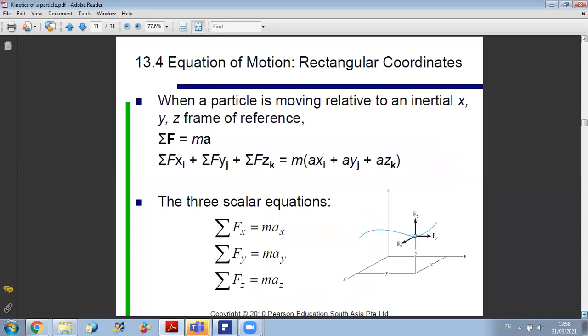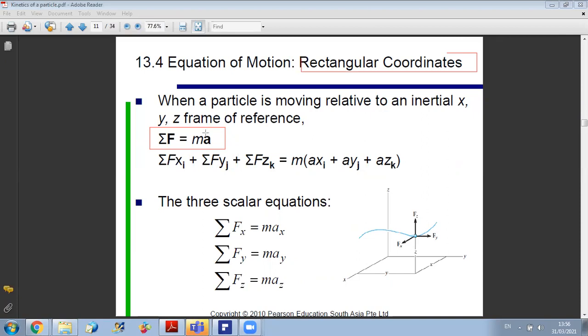Now, as I said before, Newton's law is a vectorial relation and can be decomposed into components. It depends on which system I am working in. The easiest system to start with is the rectangular coordinates, which we have seen in the previous chapter, so it's fixed coordinates ijk.